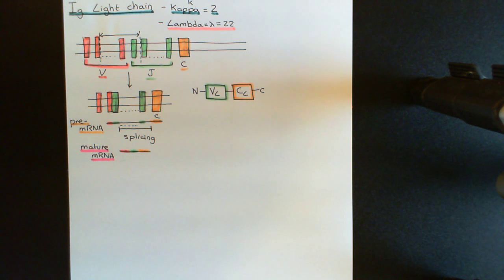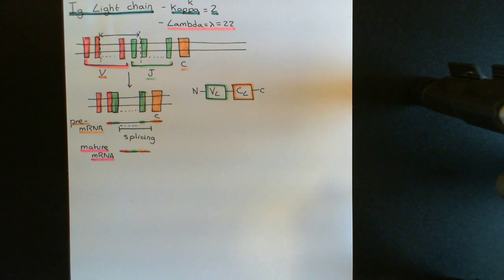Whereas in the case of the immunoglobulin heavy chain, the constant region can still be tweaked. We can still change which constant region type of heavy chain we're actually going to produce, and we will see how that is going to occur later on. So, that's the difference between this and the immunoglobulin heavy chain.